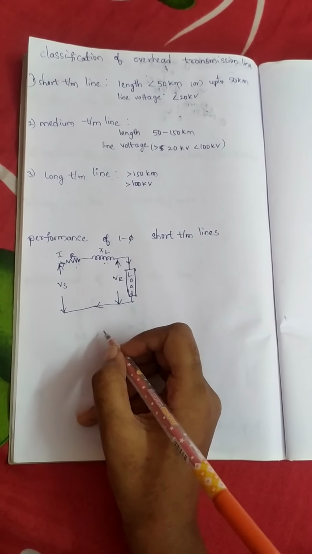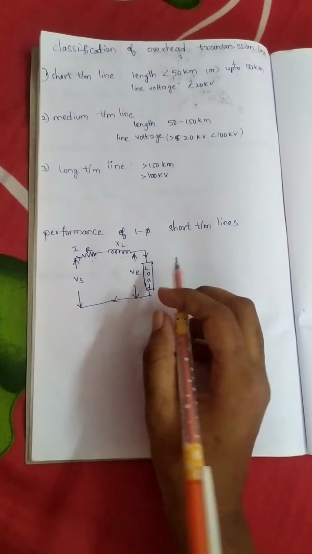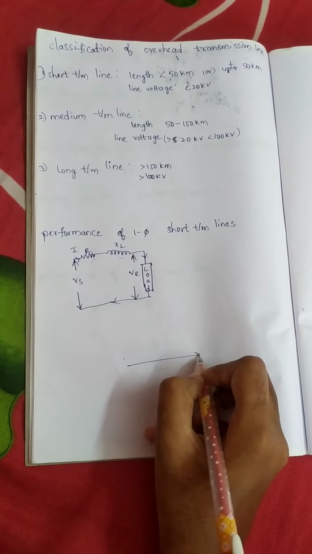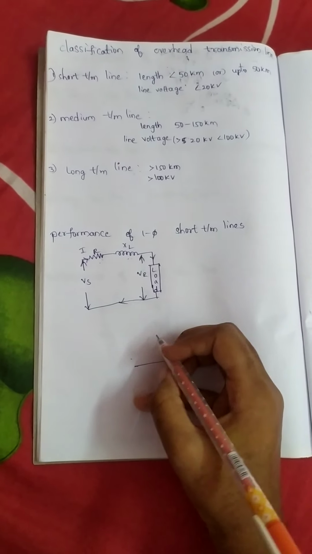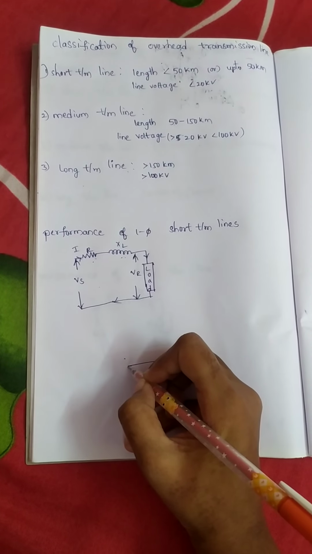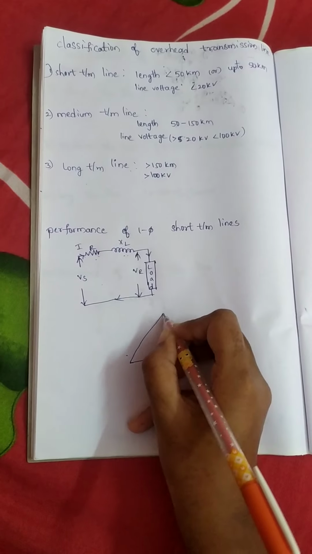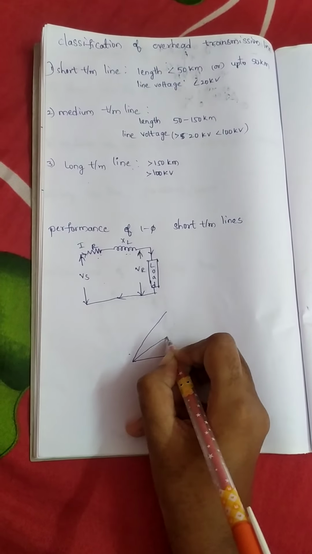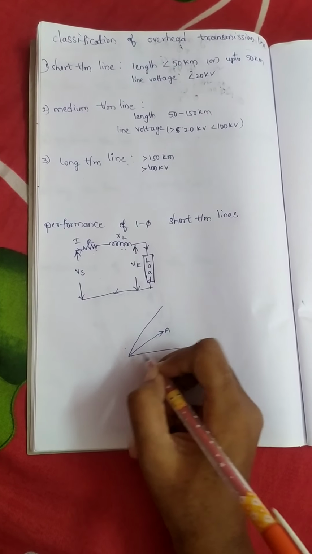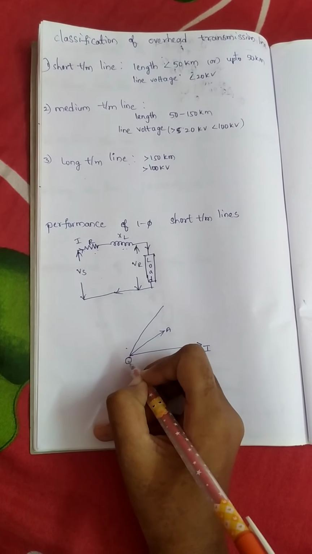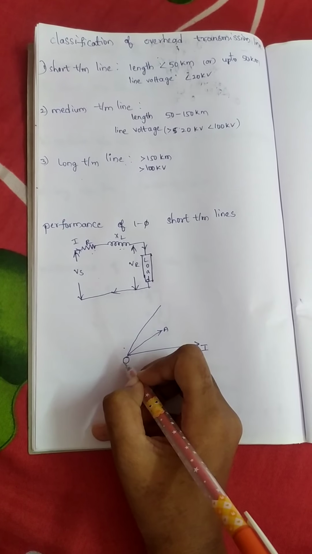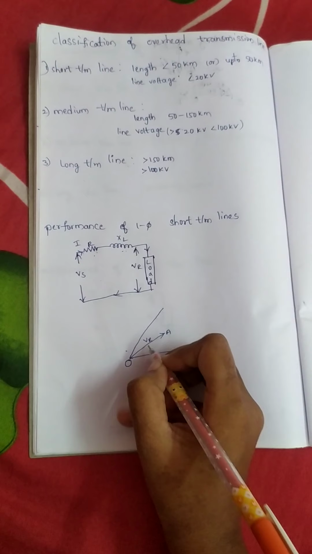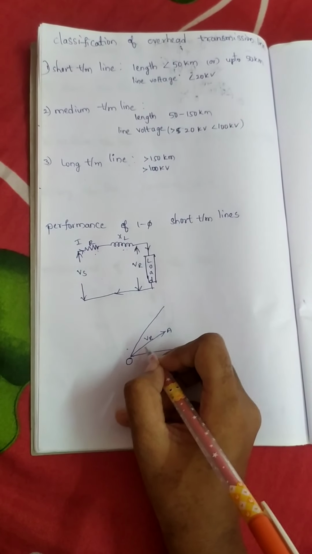And we will now consider the phasor diagram for the single phase short transmission line. So current is taken as a reference, and this is the point O, and through this OA will be presented, and this OA represents the receiving end voltage, which means VR, and this leads the current by the angle φr.